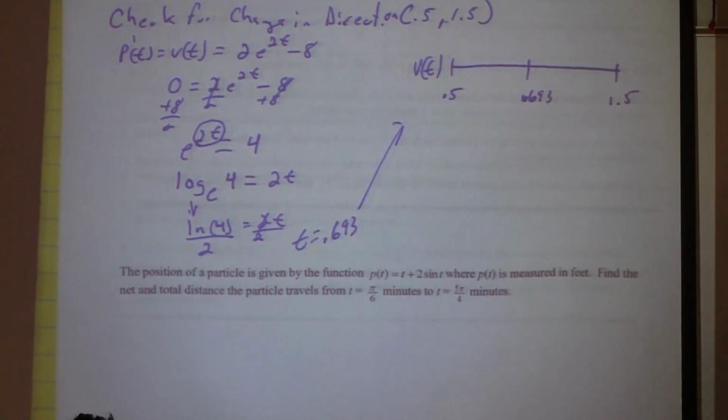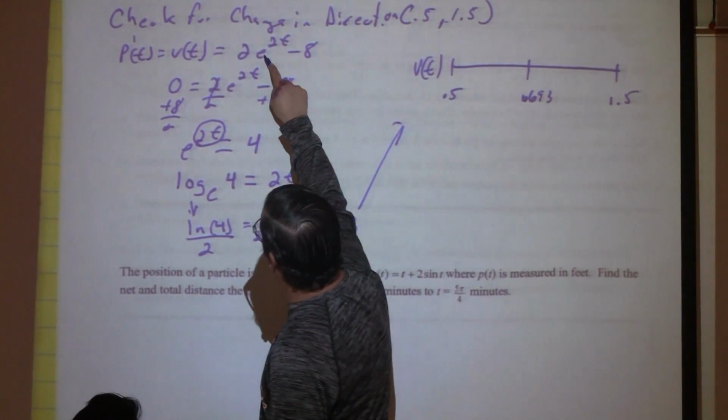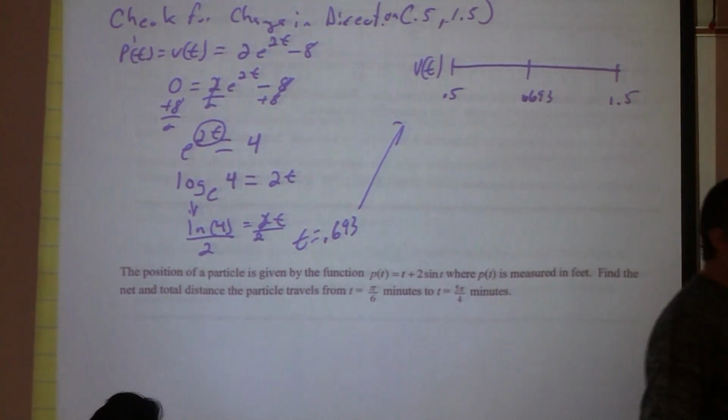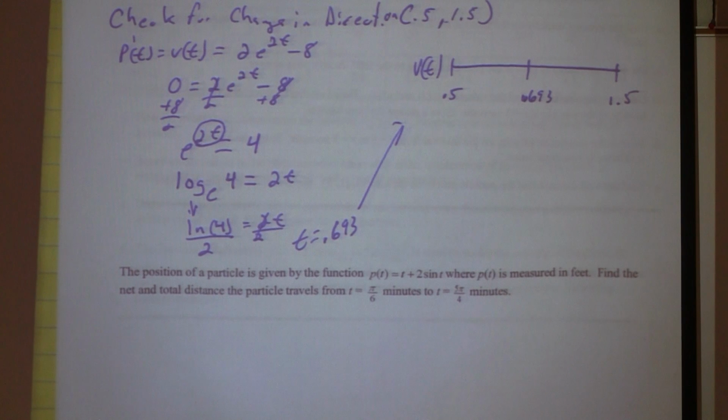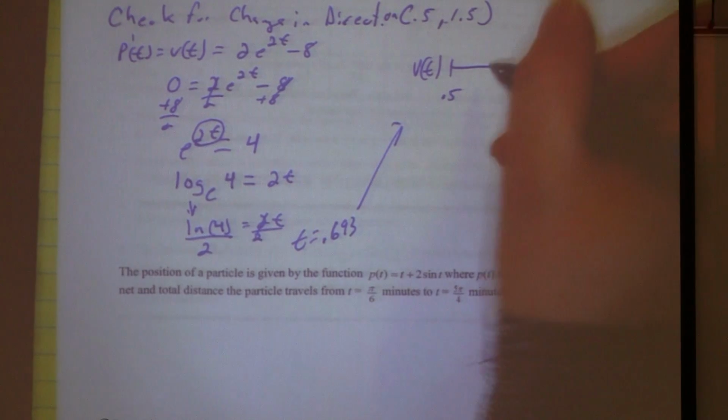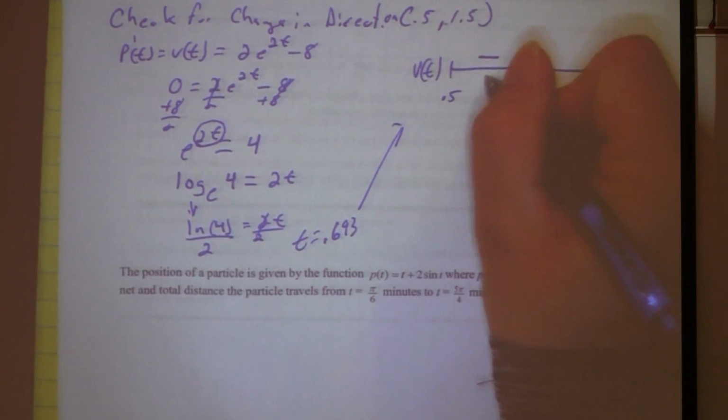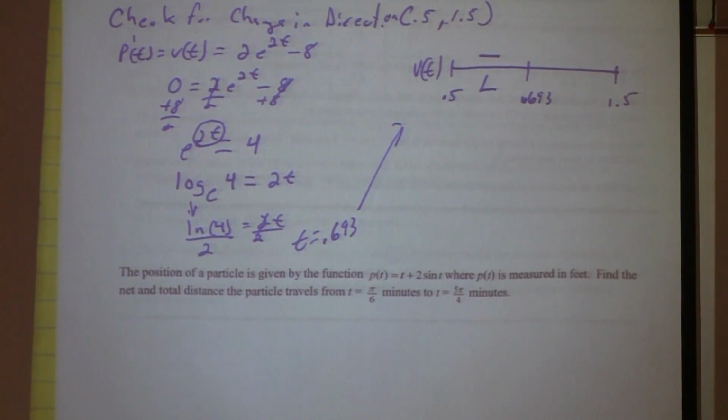Alright, so plug 0.6 into the velocity function, which is right there, and tell me what you get, a positive or a negative. 0.6 times 2, what would that be? 1.2? Yeah, so e to the 1.2? Negative, you got a negative. Okay, so negative, check for sure on your calculator, that means the particle is moving to the left.